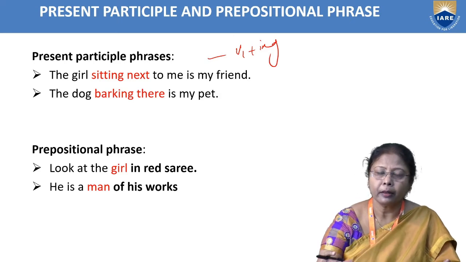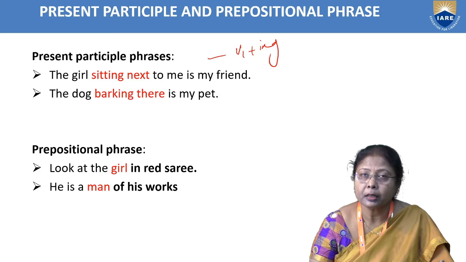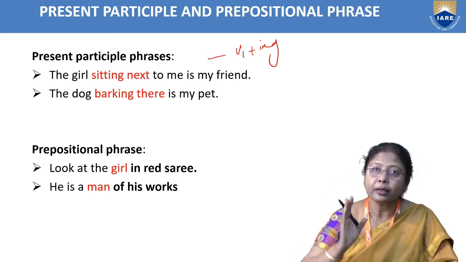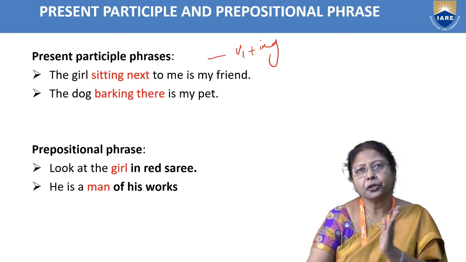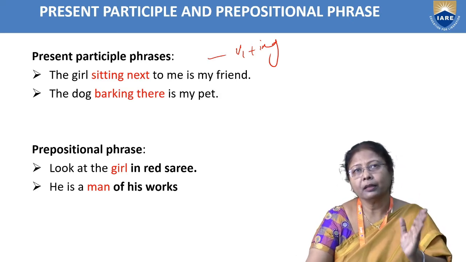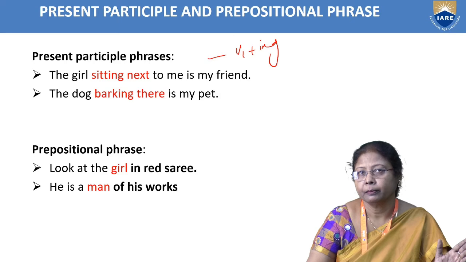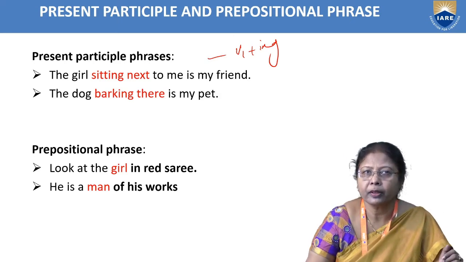If it is followed by some other word or words, it will become a present participle phrase. Here: the girl sitting next to me is my friend. Sitting next to me is a present participle phrase.